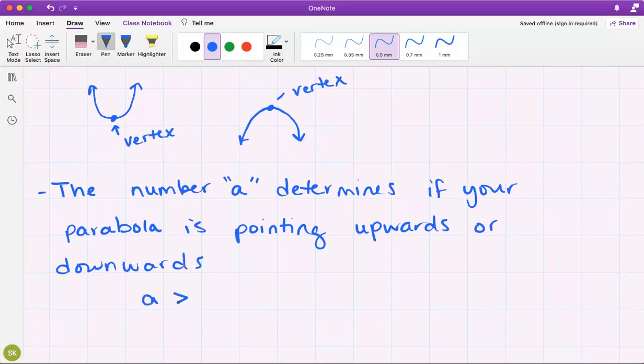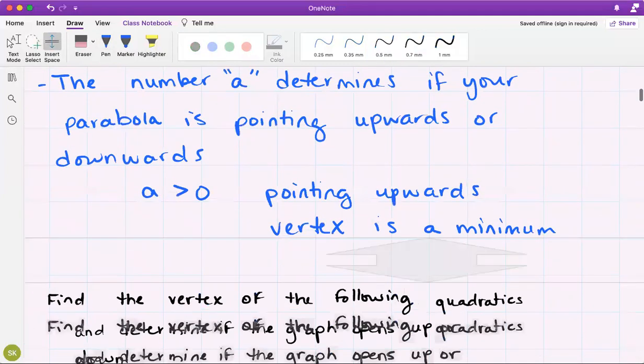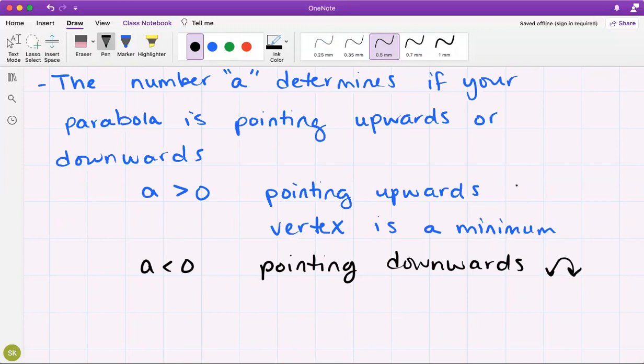So if A is greater than 0, you're pointing upwards, which also means that your vertex is a minimum. Now, if A is less than 0, you're pointing downwards, like that. And this one's upwards. So you're pointing downwards, so your vertex is a maximum.